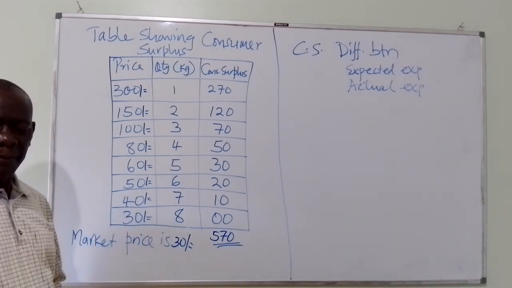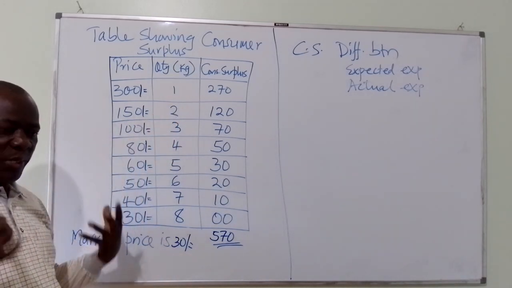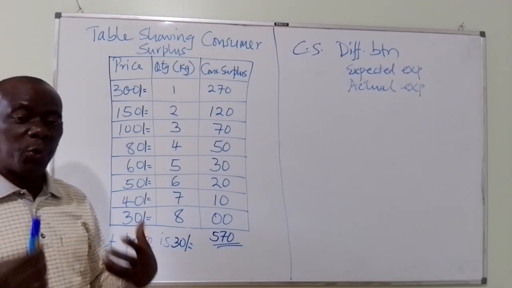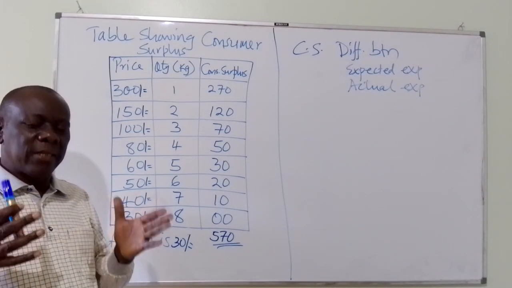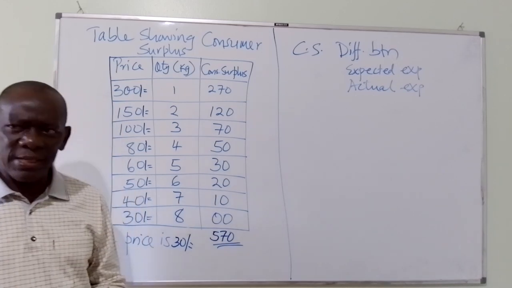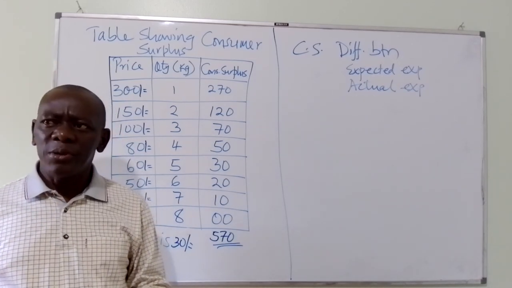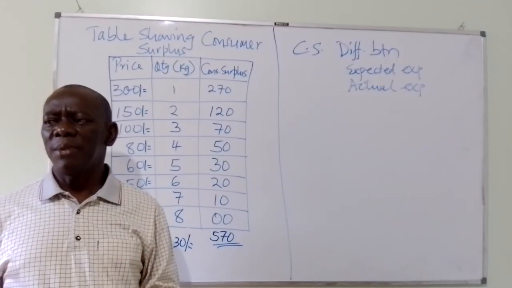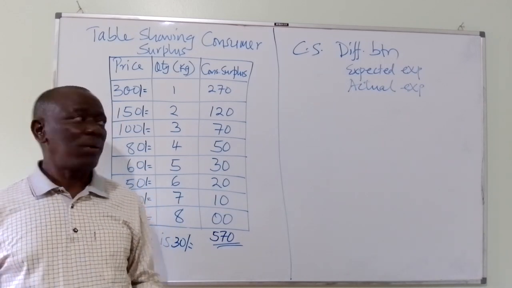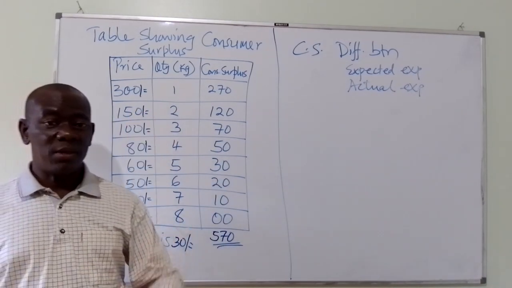This sugar, this is what he was willing to spend when he was in his house. He sits down as he budgets and says, the first kilogram of sugar, if they sell it at 300, I can buy a kilo. But the second one, I will only buy it when it is 150.